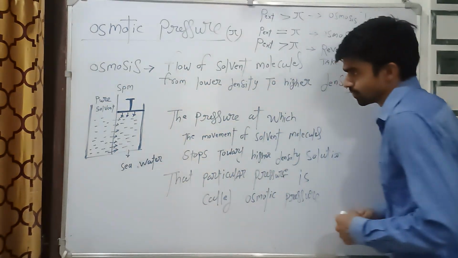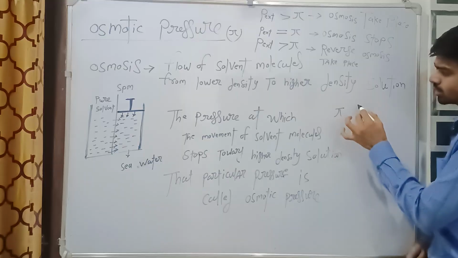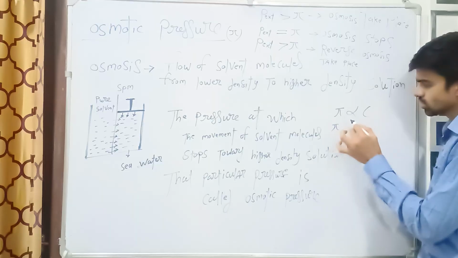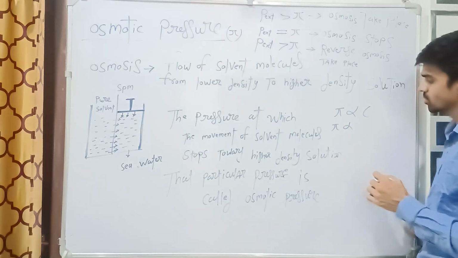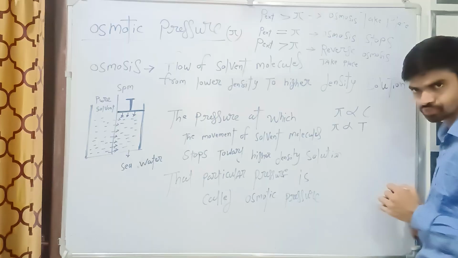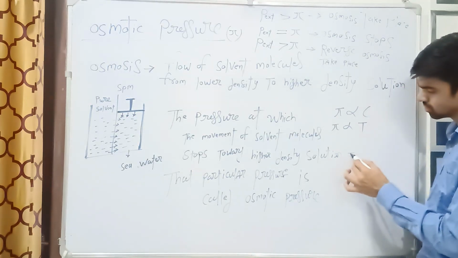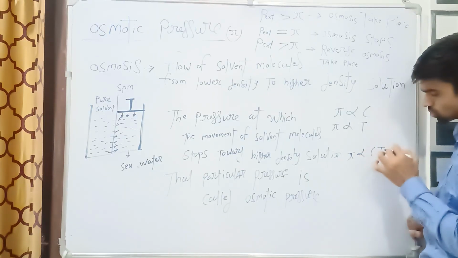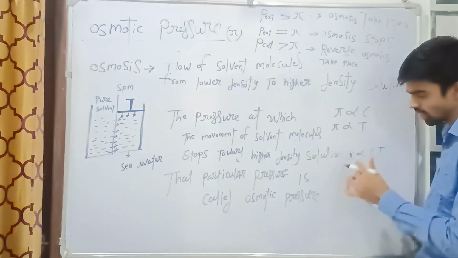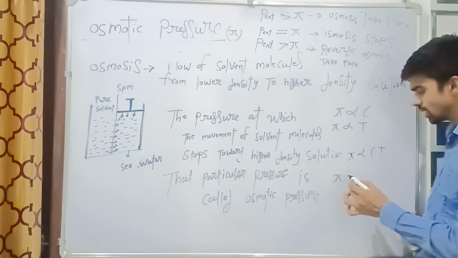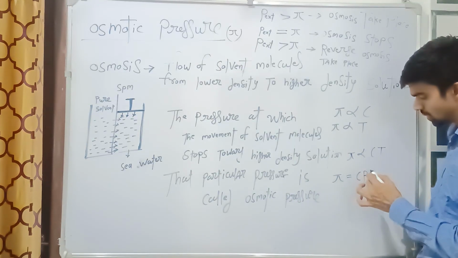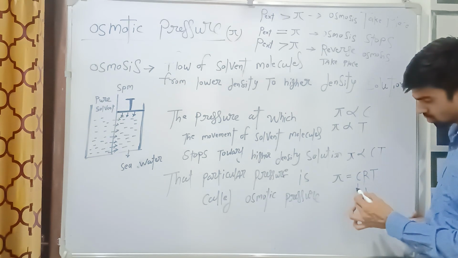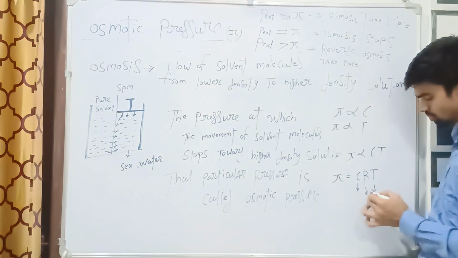One more thing. This osmotic pressure is directly proportional to the concentration of the solution, and it is also directly proportional to the temperature. So we can write pi directly proportional to C into T. And if we remove the proportionality sign, we get pi is equal to C into R into T, where R is the gas constant, C is the concentration of the solution, and T is the temperature.